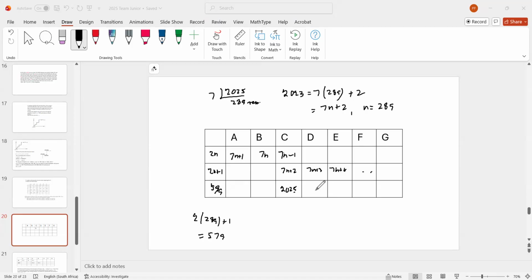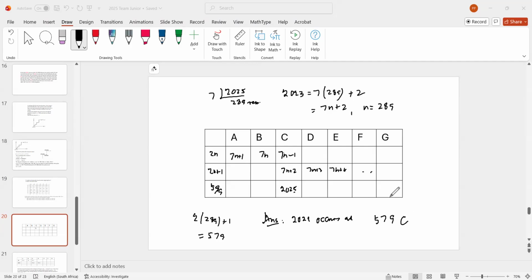So we've actually found out where this is, right? So the answer is this 2025 occurs at, the row is 579, and the column is C.